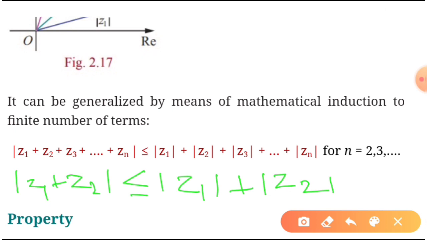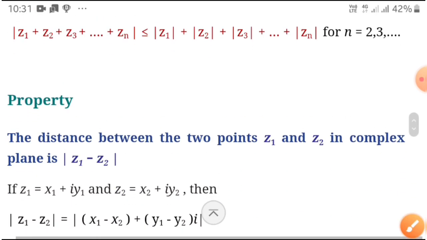So let us take |Z1 + Z2 + Z3 + and so on up to + Zn| is less than or equal to |Z1| plus |Z2| plus |Z3| plus and so on up to plus |Zn|, for n equal to 2, 3 and so on. Right. Let us see the next property.